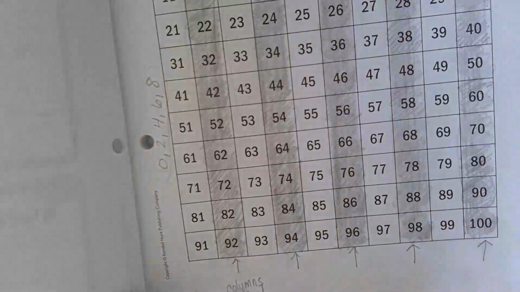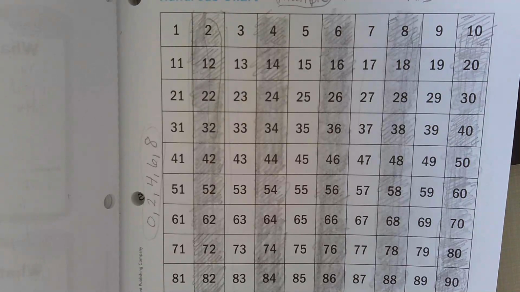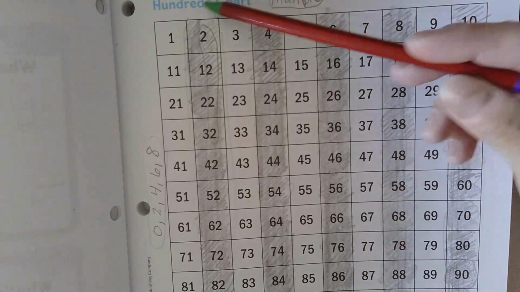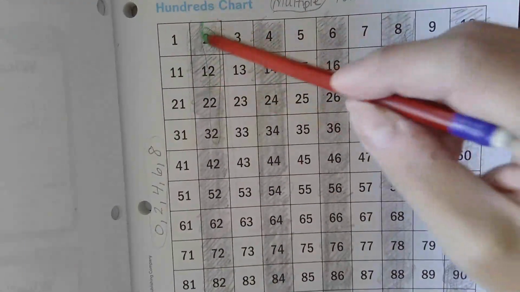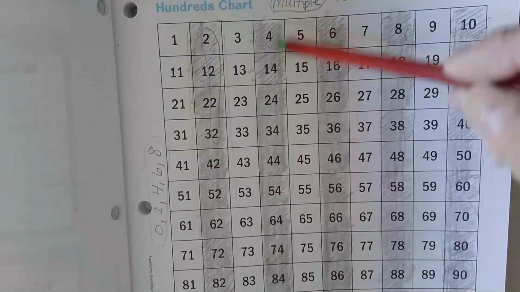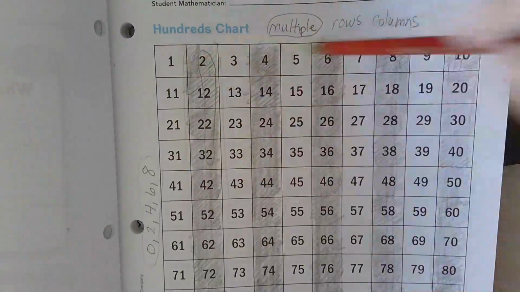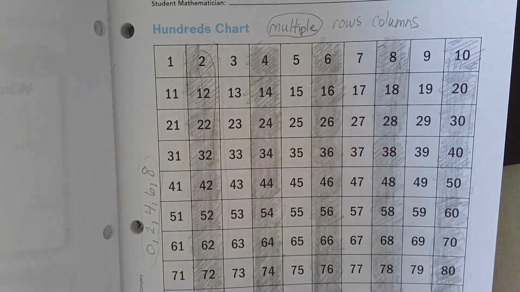Now, we also looked at our hundreds chart when we went back, and we talked about how the hundreds chart, in fact, can be considered an array. Okay, how many columns and how many rows does it have, right? We talked about the columns, the rows. It has 10 across, so it has 10 columns, and then it has 1, 2, 3, 4, 5, 6, 7, 8, 9, 10 rows.